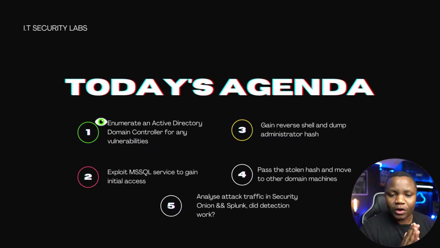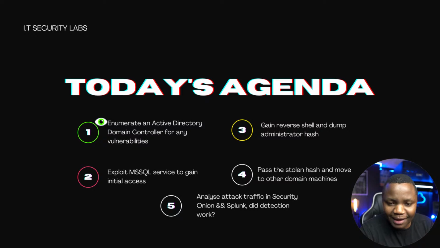So without wasting a lot of time, here's our agenda for today. We have a Windows computer, and this one is a domain controller. We're going to enumerate it by running nmap and other tools to see how we can break in. Then, of course, afterwards, we'll try to see if we can exploit, in this case, Microsoft SQL. We have actually not done this one in a while, so this is going to be an exciting one for a lot of people.